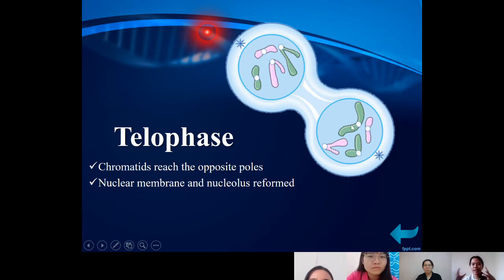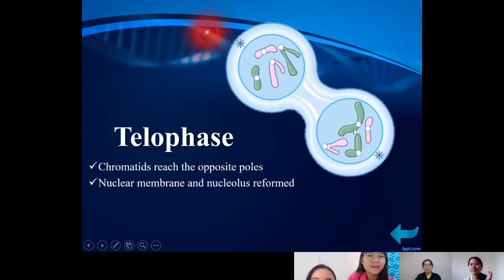I want to ask you, in the diagram here, have these two cells separated already? Jing En, have these two cells separated already? No. Why do you say no? There are two nuclei already. Oh, okay.